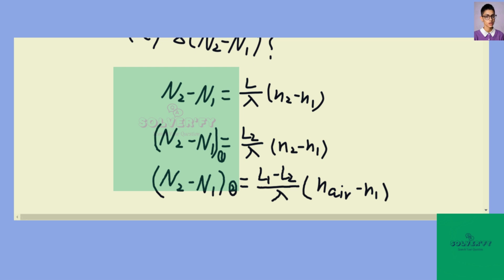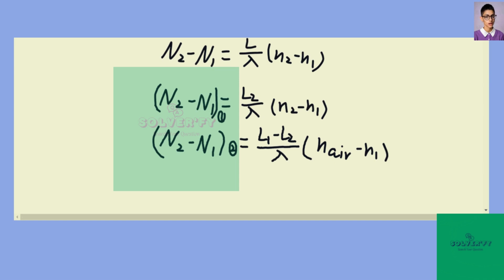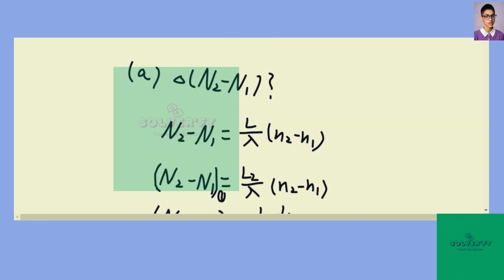And why I plug in n air here is because the light wave enters into the air medium after traveling through a length L2. So if we combine the equations we have here to get a total phase difference between the waves after emerging from the two layers, we'll get just simply adding them together, which is the N2 minus N1 1 plus N2 minus N1 2 will give us delta N2 minus delta N1.